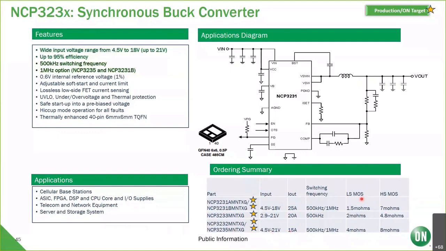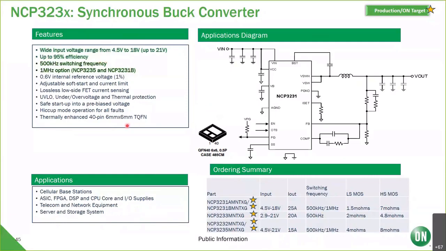These have low side FETs of 1.5 ohms, 2 ohms, and 4 ohms, and then the high side FETs are 7 ohms, 4.8, and 8 ohms. The lower the RDS(on), the lower the conduction losses are when your part is switching. It goes up to 1 megahertz, 500 kilohertz, and up to 95% efficiency.